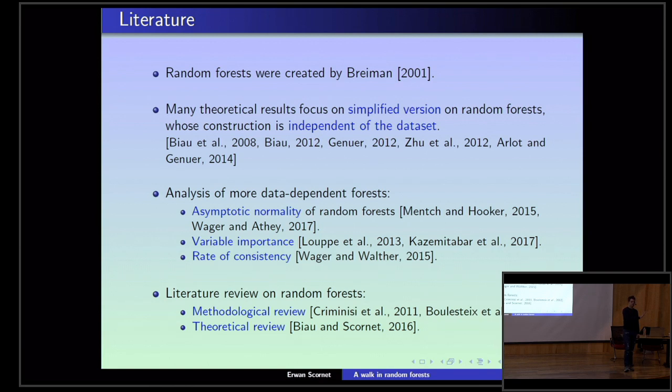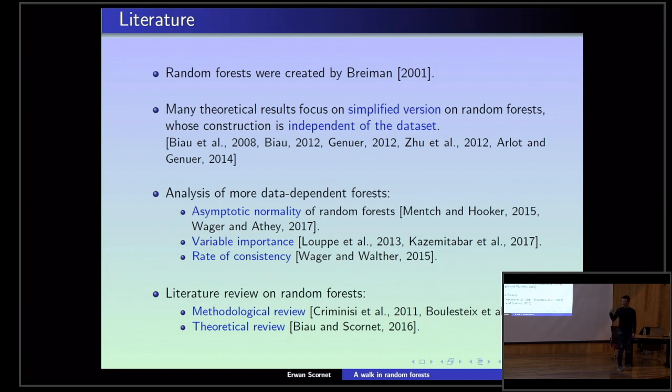So there is a really strong difference between this forest and Breiman's forest, because in Breiman's forest you use both the positions of the points and the values of the points to build the split, which is optimized in some sense. This was for the first results, and this is currently an active domain of research, but you also have results that focus on more data-dependent forests, where the dataset is used to build the partitions.